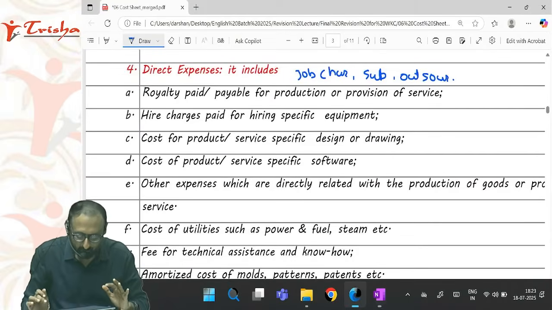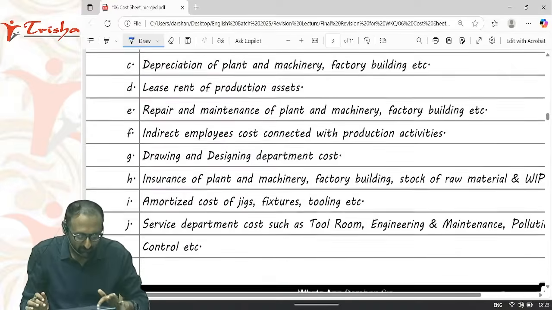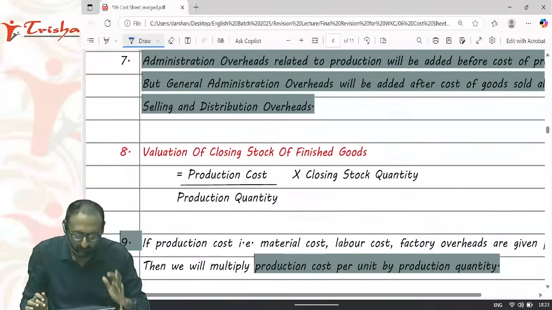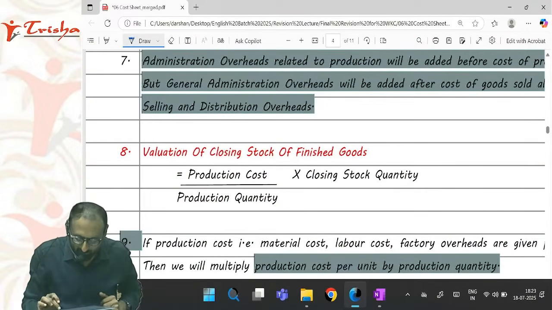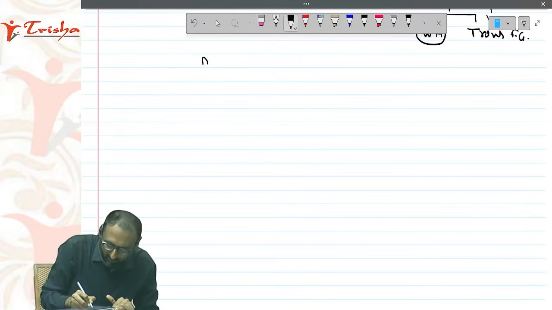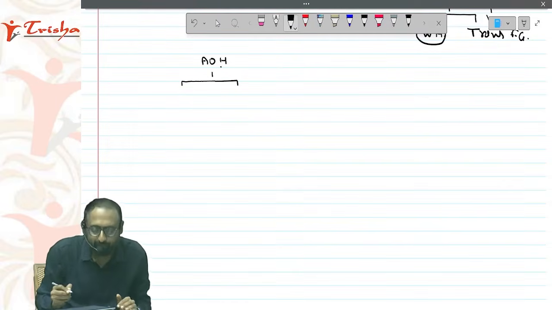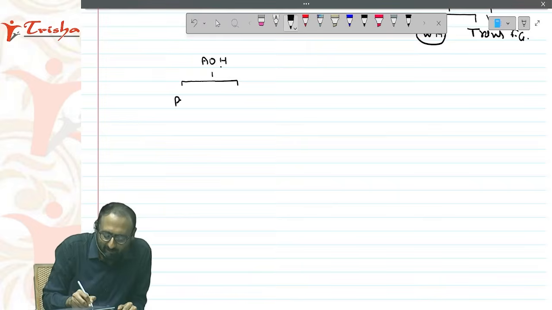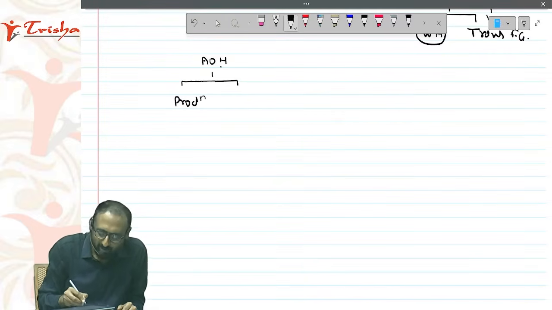Next one. After factory overhead, administration overhead, selling and distribution overhead, you'll have to tell me administration overhead will be divided into two parts. Which are the two parts? Administration overhead can be related with the production, and the second one will be the general administration overhead.